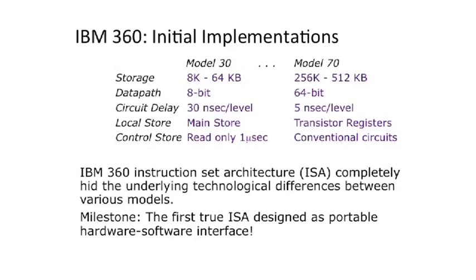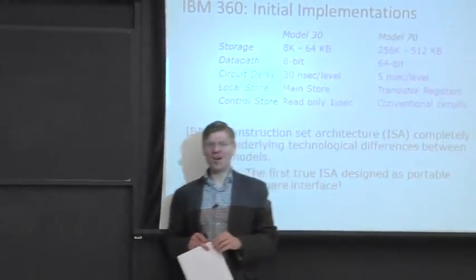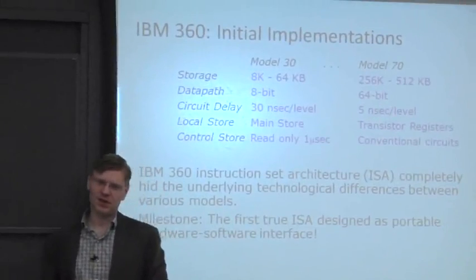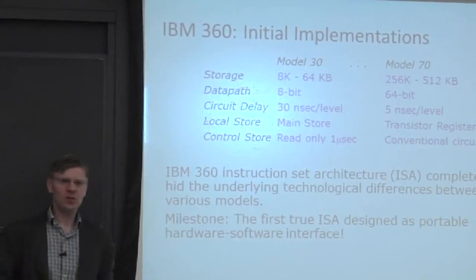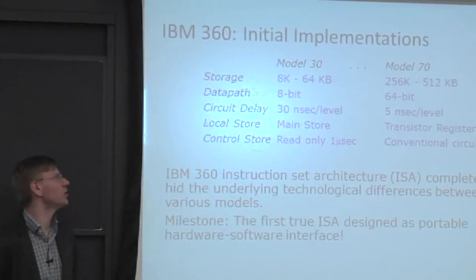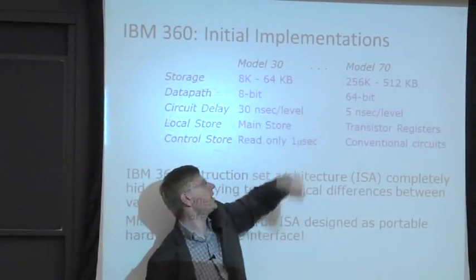Let's look at the microarchitecture implementations of this first instruction set architecture. In the same time frame, the same generation, there was the Model 30 and the Model 70. These had very, very different performance characteristics. If we look at the machine, let's start with the storage. The low-end model had between 8 and 64 kilobytes.